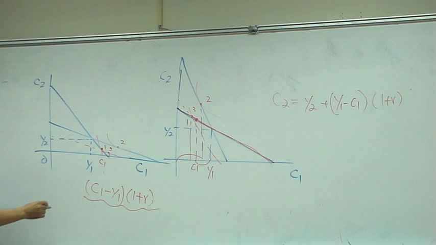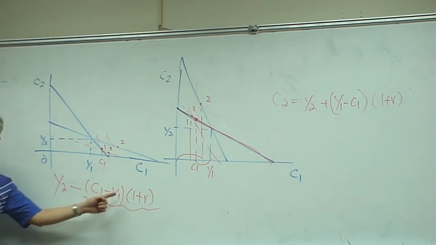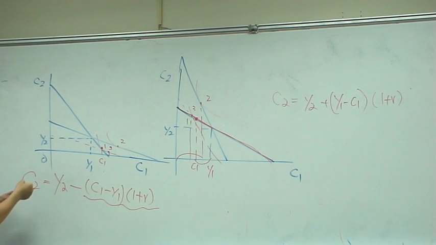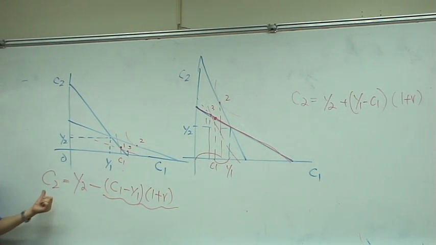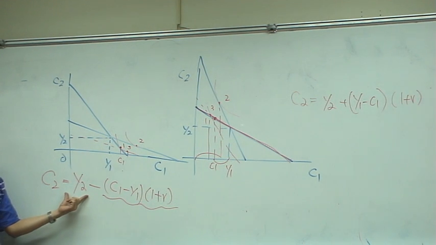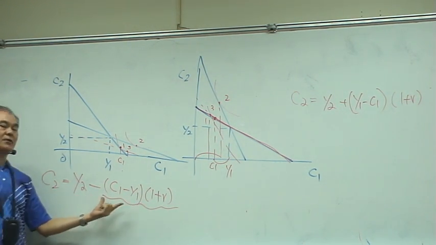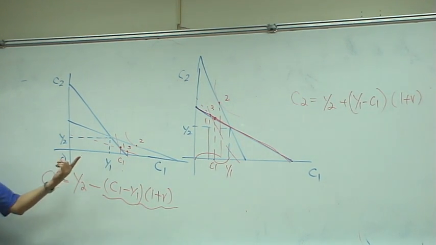So your income is Y2. You have to subtract whatever you owe others. So your consumption at period 2 is the income you have at period 2 minus whatever you have to pay back to the lender. So you have two cases.